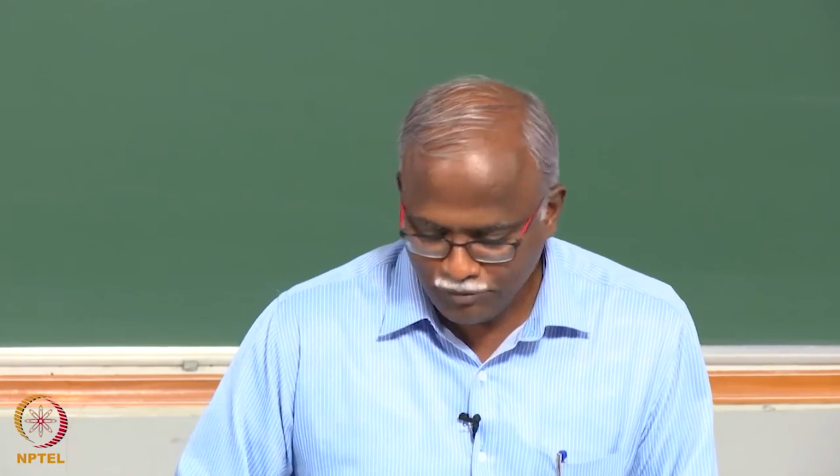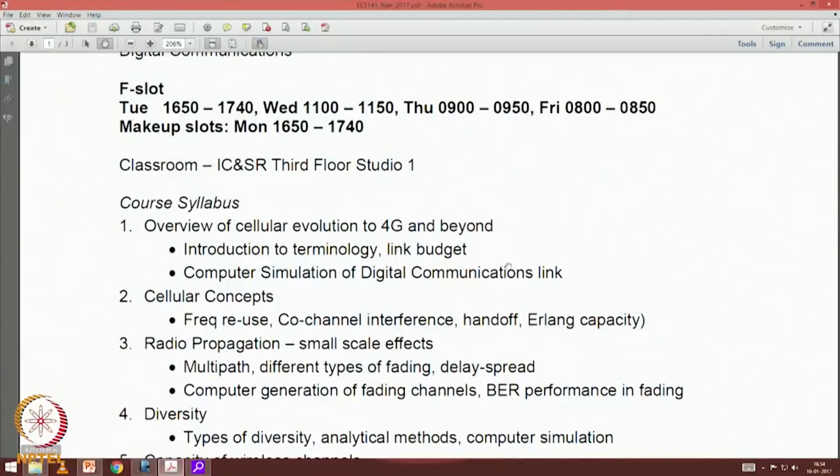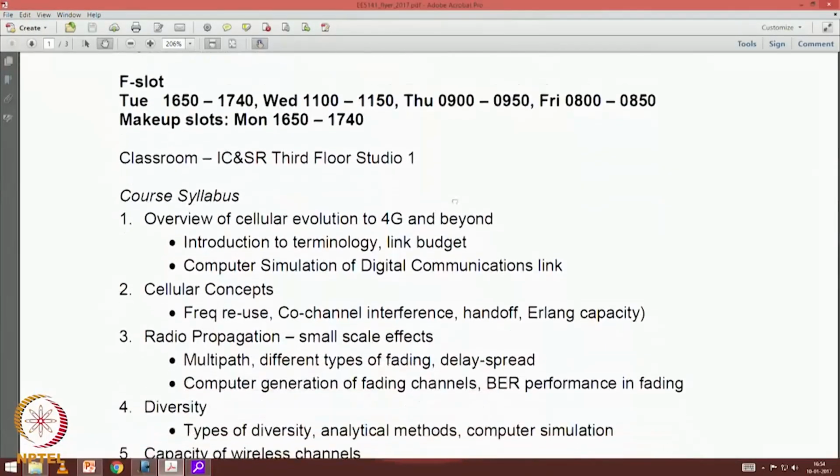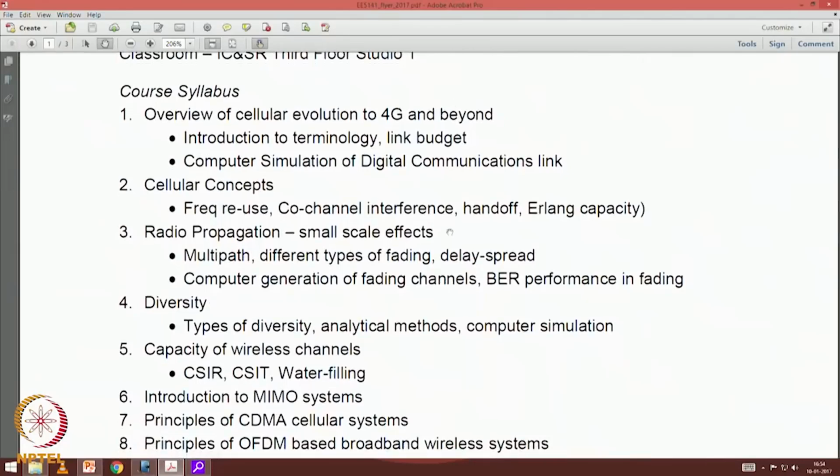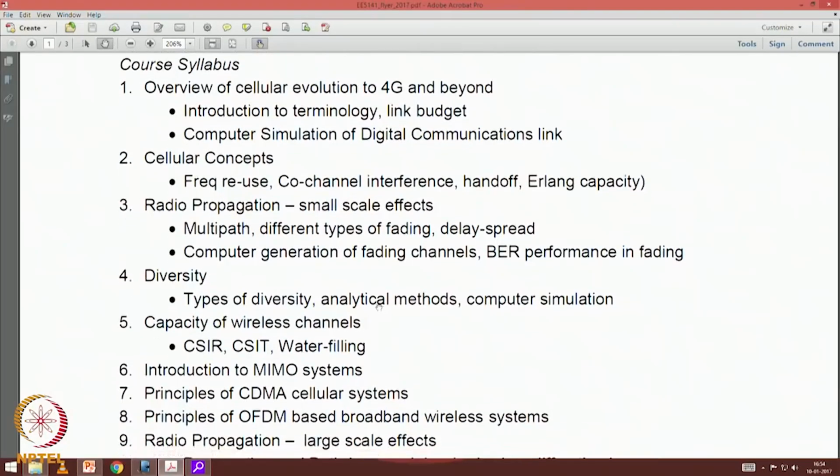Let me look at the course information. And let's highlight what we would be covering in the course, because it's always good to know where we pick up and what we plan to cover. The first week, that is this week, we are going to give an overview of the cellular systems and an introduction to wireless communications.